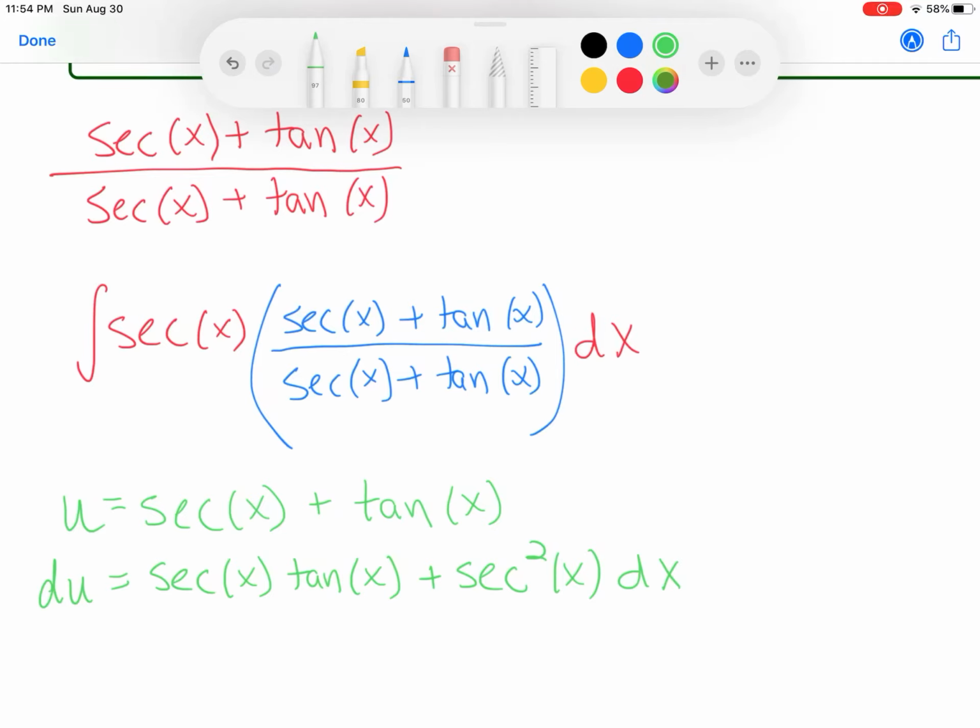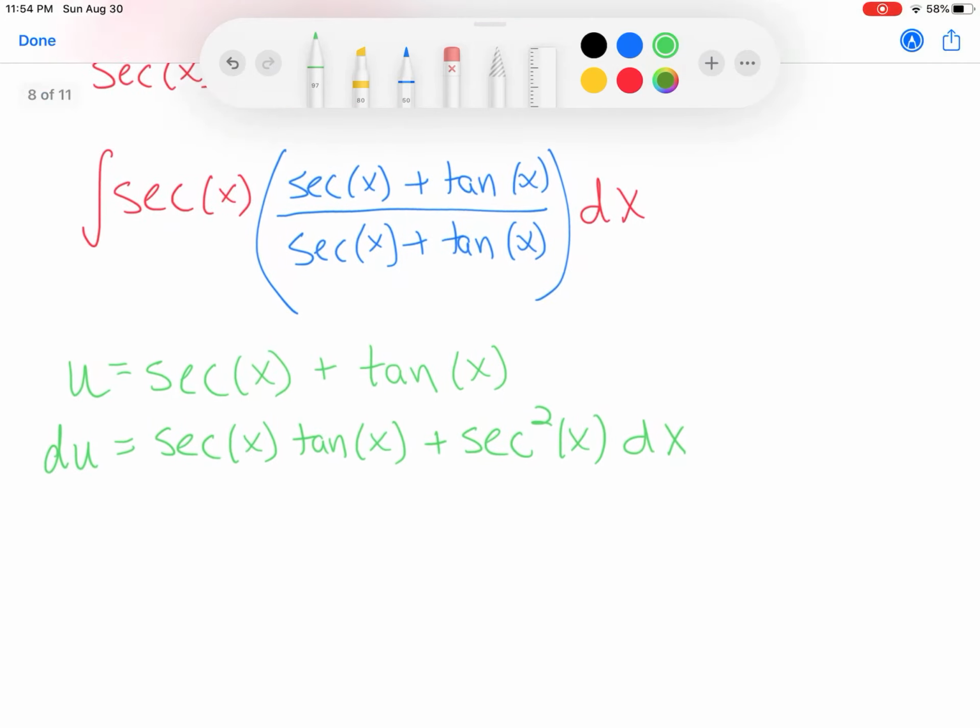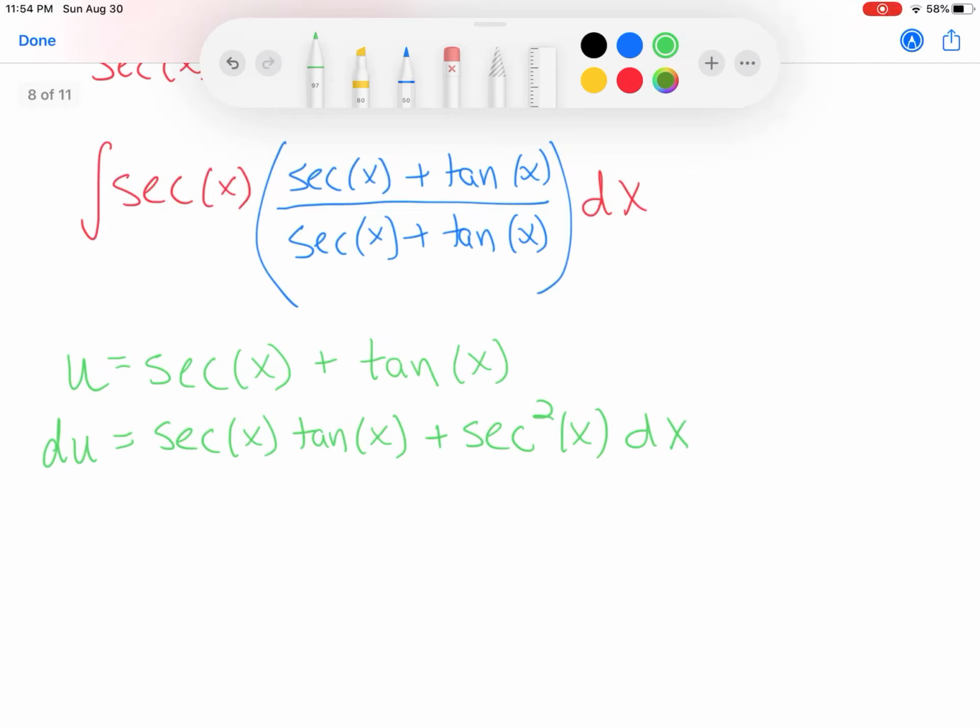How does this help us? This looks so gross, you may say. It actually looks right on track with where it needs to be.